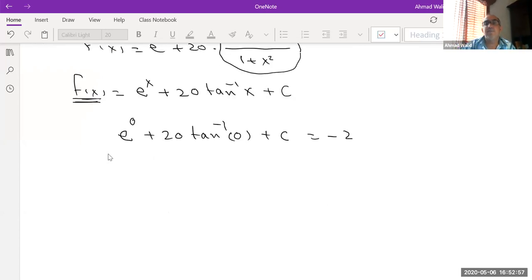Let's solve it. What is e to the 0? How much is e to the 0? 1. Plus 20 times the inverse tan of 0. Which angle? 0.